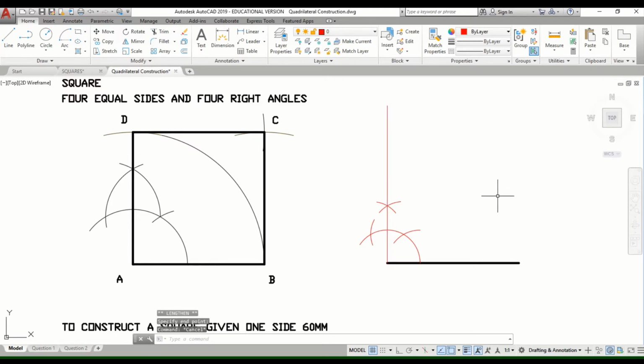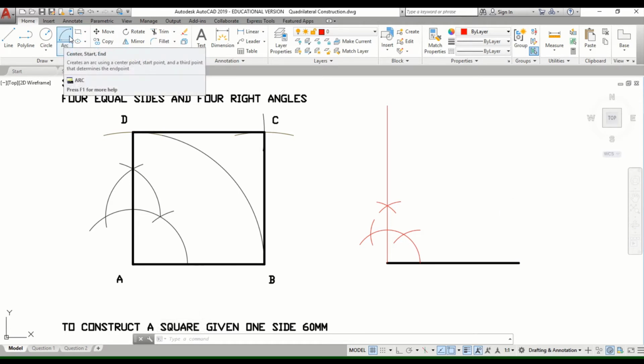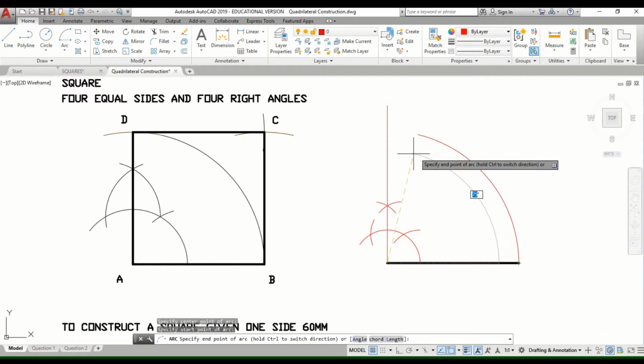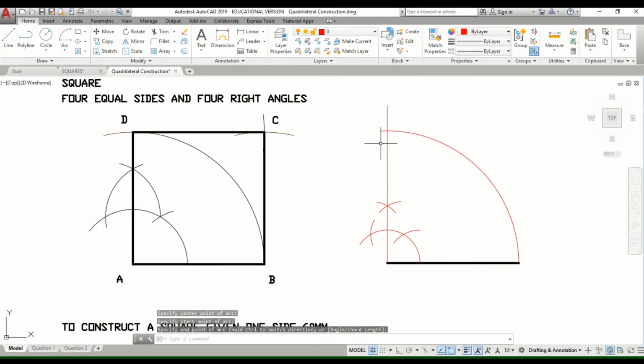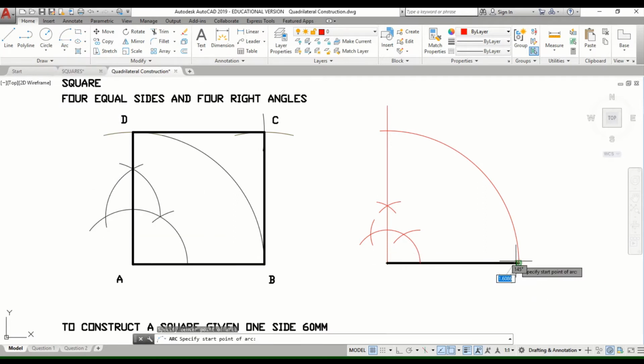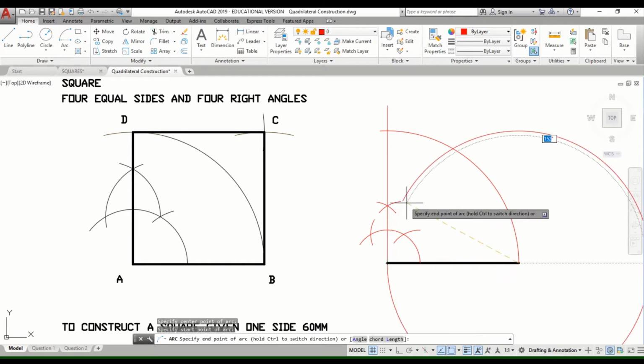Now, once we have one right angle, again using our arc tool, center start end, and we measure the length of the given line, we can draw an arc, and that arc will make these two lines equal, and we do that from the corresponding corners. Always remember we're using center start end, and we do it the next direction.